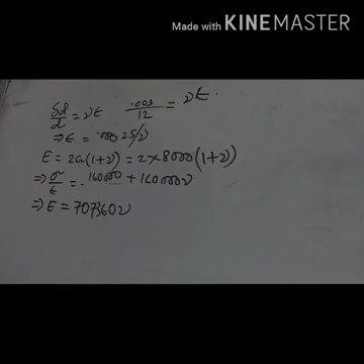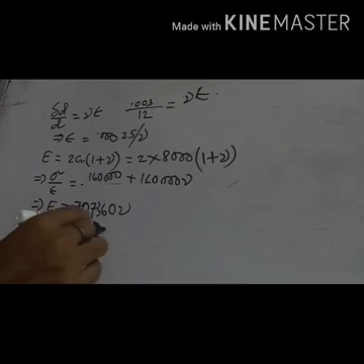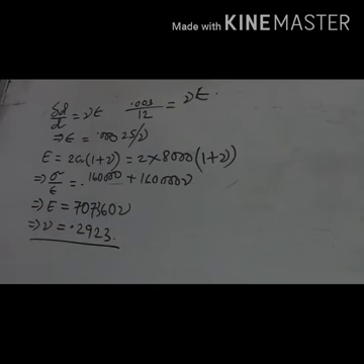Okay, so from this equation you may calculate nu is equal to 0.2923. That is the calculation of nu.